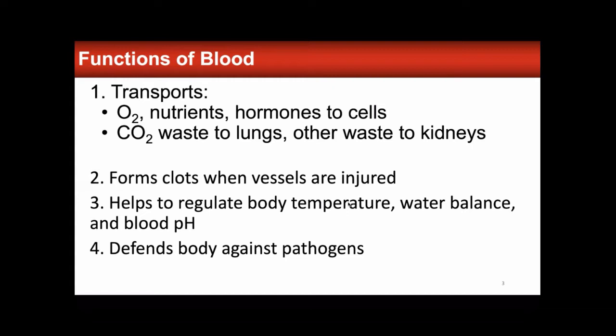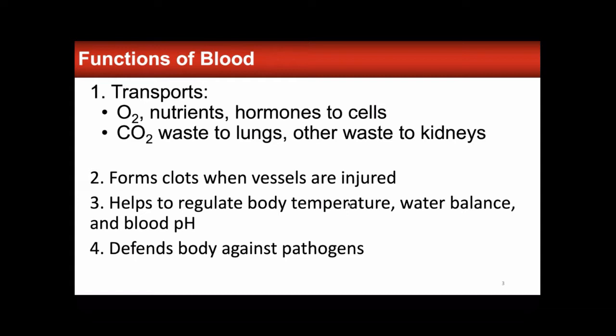Blood also helps to regulate body temperature. So the heat energy that is generated by the metabolism that takes place in skeletal muscle is distributed by blood. Blood contains a lot of different ions, which are usually referred to as electrolytes in this context.